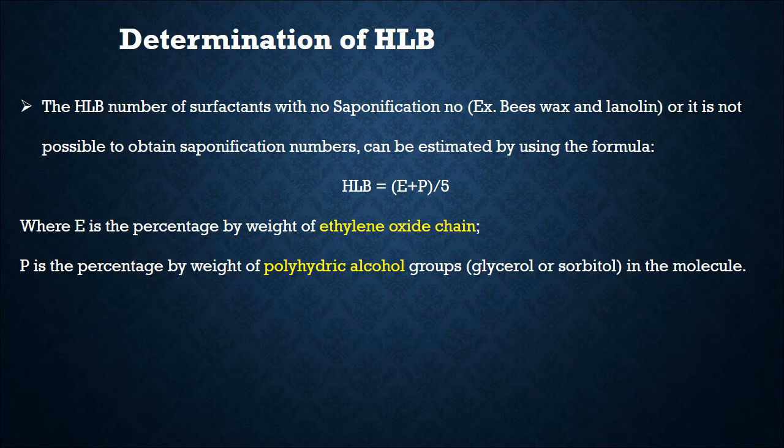And the HLB number of a surfactant with no saponification number, or where it is not possible to obtain a saponification number, can be estimated by using the following formula. HLB is equal to E plus P divided by 5, where E is the percentage by weight of ethylene oxide chain, and P is the percentage by weight of polyhydric alcohol, and then you divide by 5. You will get your HLB.